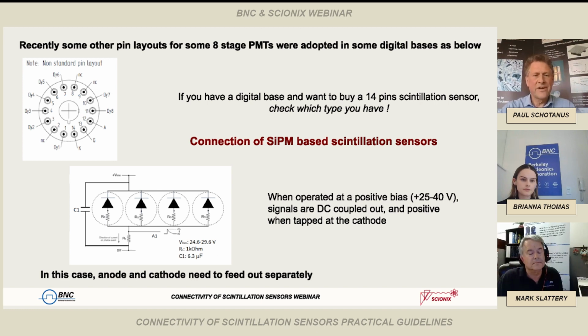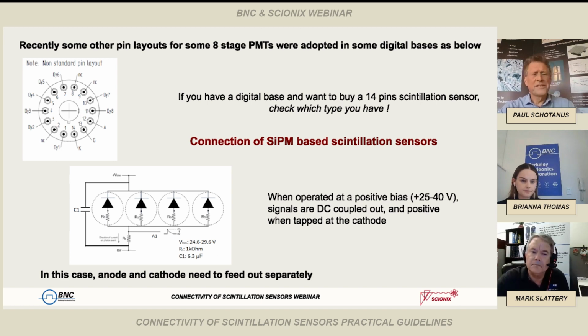So you have to be very careful when you buy a scintillation probe for a certain digital base. You check very carefully what the anode and what the cathode exactly, the pin numbers are, and that the data sheets, it should be documented somewhere. Because on those ones, for example, the anode is on pin 12. This is an alternative pin layout that was proposed a few years ago, but is the reason for a lot of confusion.